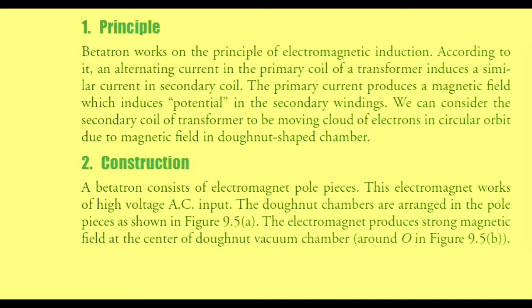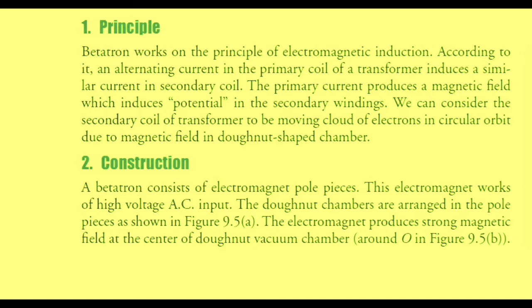We can consider the secondary coil of the transformer to be a moving cloud of electrons in a circular orbit due to the magnetic field in a donut-shaped chamber. The principle of mutual electromagnetic induction was given by Faraday, and it is the principle on which the Betatron works.